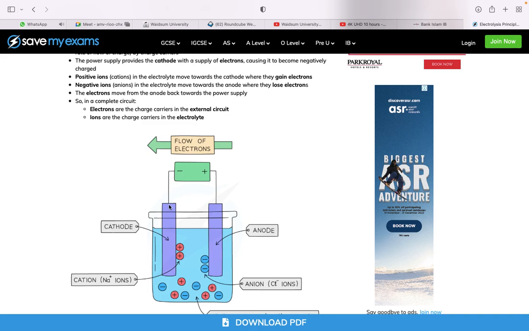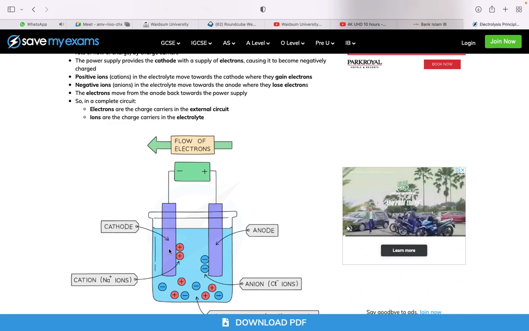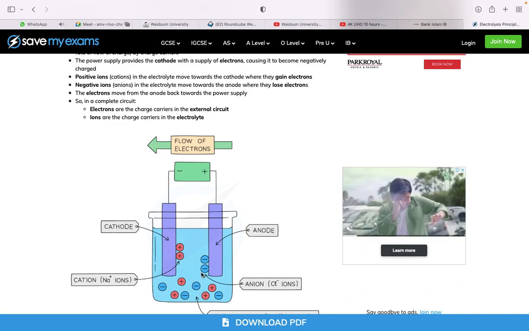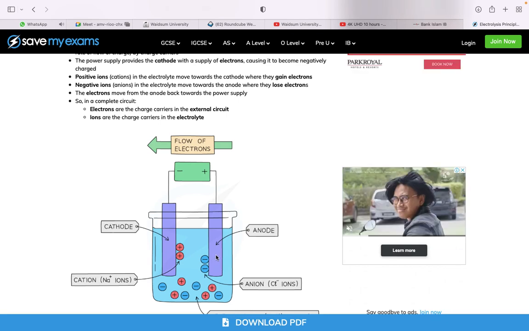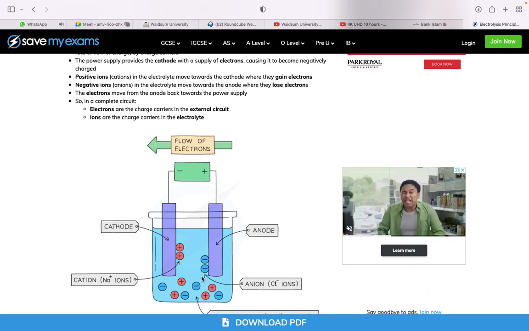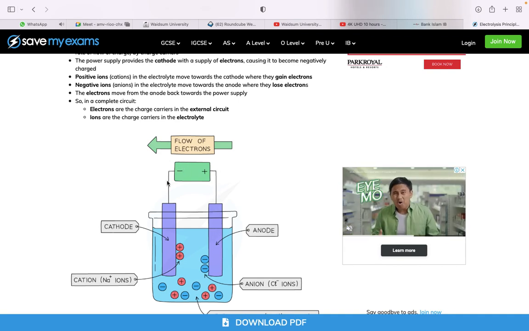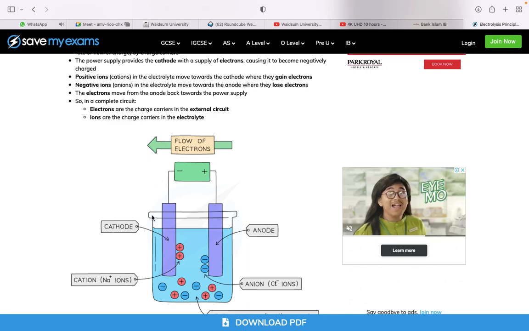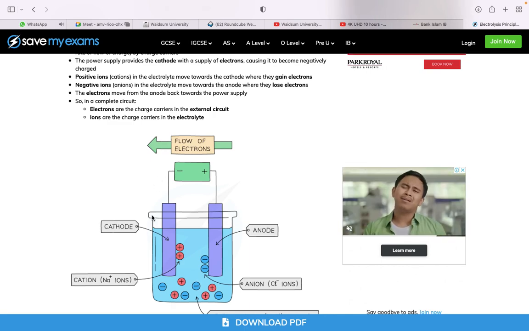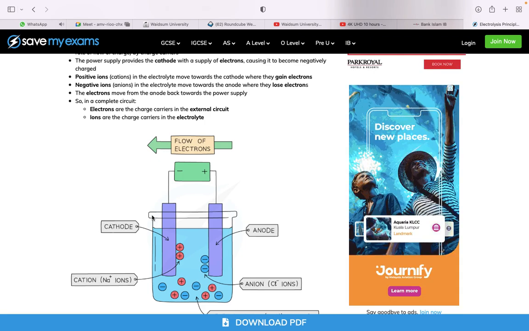When the electron enters here, it will be able to attract more positive ions, which gain electrons here, while the negative ions attracted to the anode lose their electrons. The electrons flow back to the battery and the process continues. Are you with me? Yes.